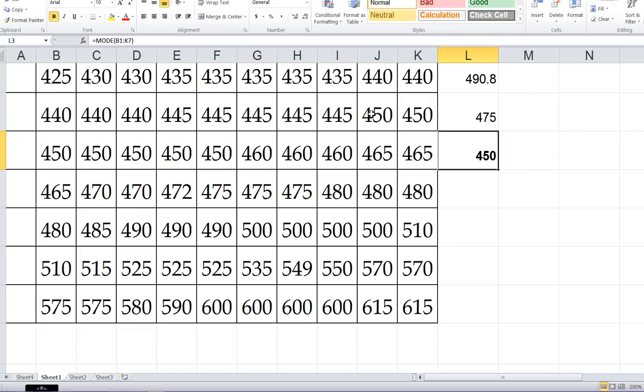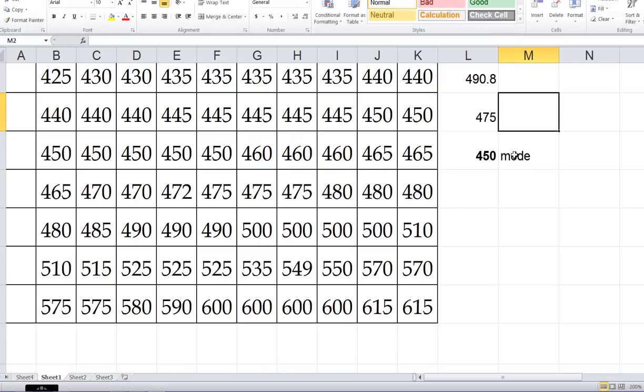So here we see 1, 2, 3, 4, 5, 6, 7 apartments had a price of $450. And if there were another rent, say $475, that also occurred the same number of times, Excel would not alert us to that. It would just list one of those modes, but in this case I did check, and that is the only mode.